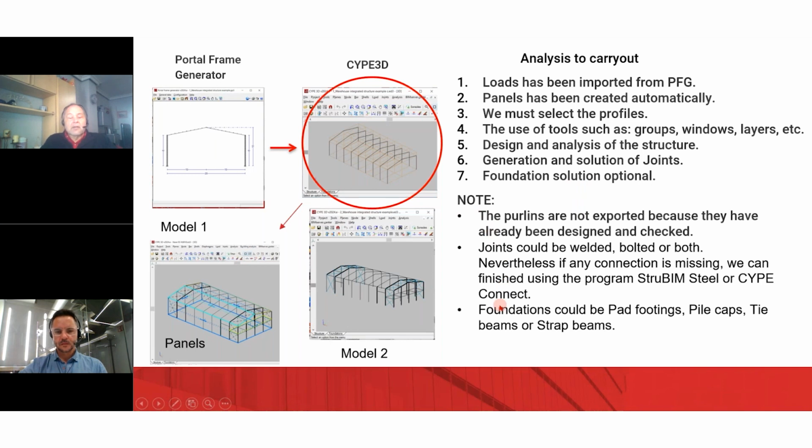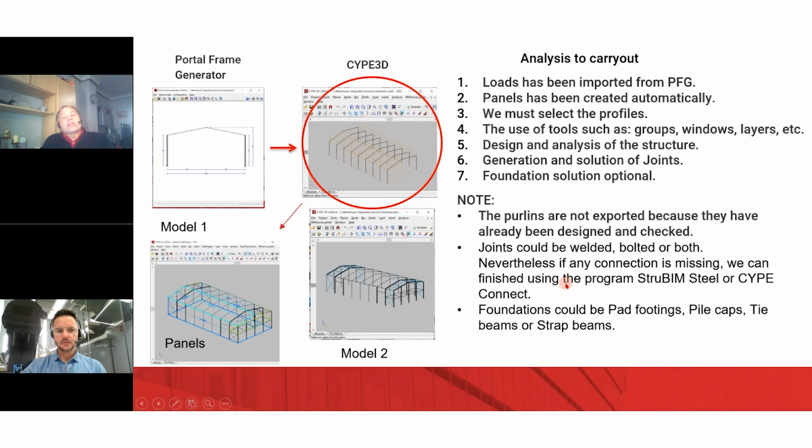About the purlins, I would like to mention that we are not exporting them because they have already been designed and checked in portal frame. But if you want to introduce them inside 3D, it's okay. We can do that, because perhaps you are going to show the customers the way they are going to be, and also for the guys who are going to put it on the site it is a good solution to visualize. Also, the joints could be welded, bolted, or both.